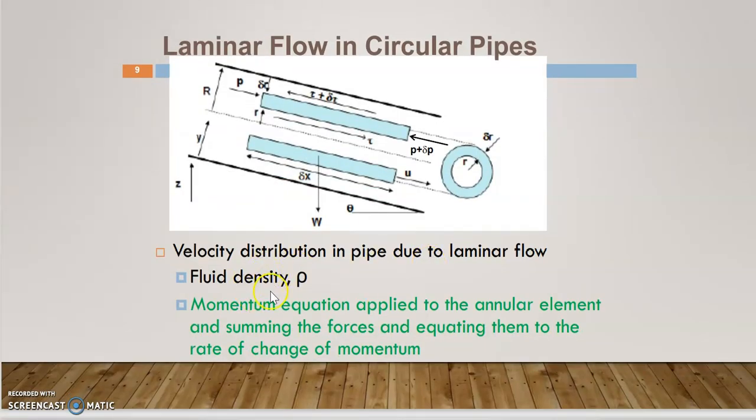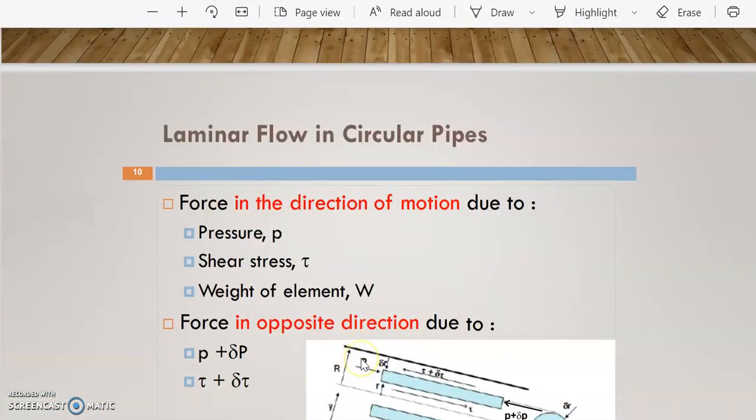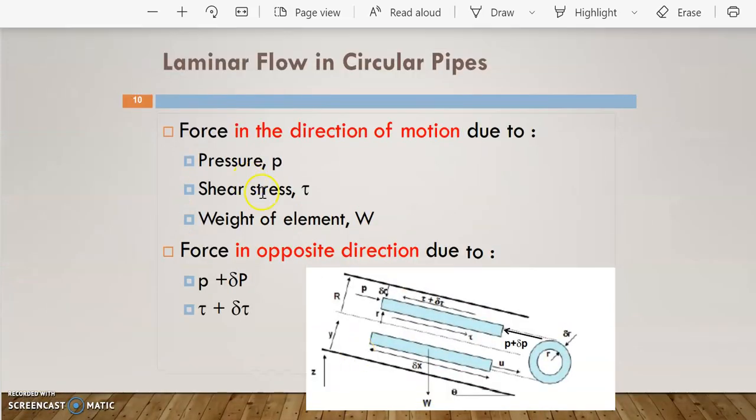The velocity distribution in pipes due to laminar flow is caused by the density, labeled as rho, and by the momentum equation applied to the annular element, summing the forces and equating them to the rate of change of momentum. This is the force in the direction of motion due to pressure, and then we have the shear stress and also the weight of the molecule.